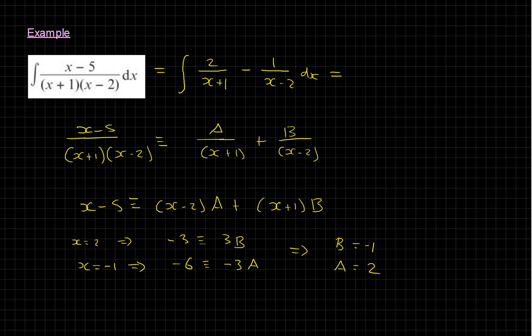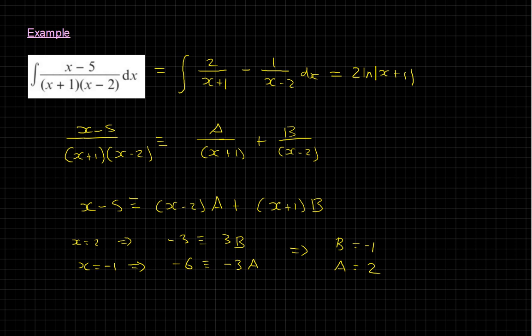For the first partial fraction out of the two, the derivative of the bottom is 1, the top is 2, which is just double. So therefore we can write that integral as just being 2 ln mod of x plus 1.